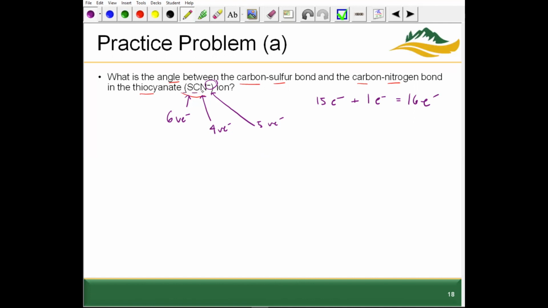Out of sulfur, carbon, and nitrogen, which one is the least electronegative? Well, on the periodic table, carbon is furthest to the left. Carbon is the least electronegative, therefore carbon goes in the middle.